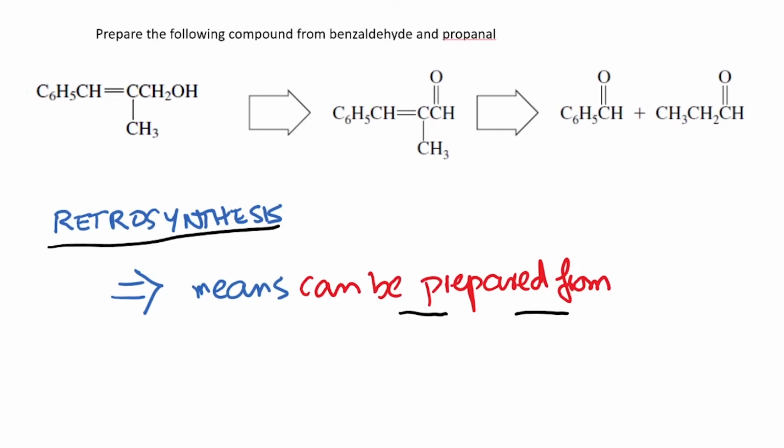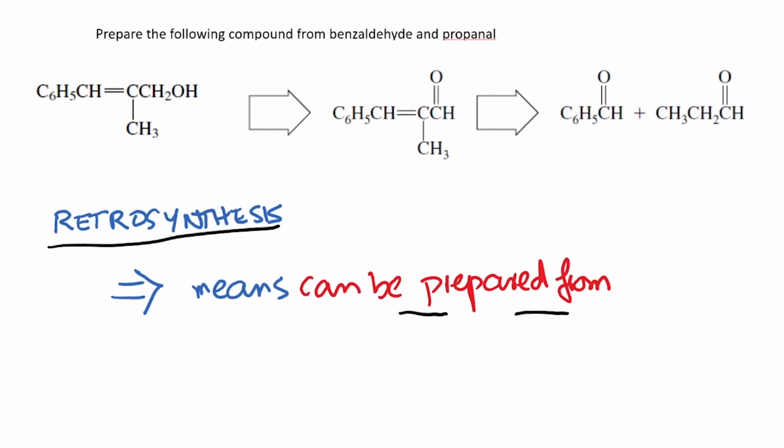Now to the next question. You need to prepare the following compound from benzaldehyde and propanol. Here I would like to introduce the concept of retrosynthesis. Retrosynthesis is basically taking the transformations that you would propose and writing them in the reverse order.